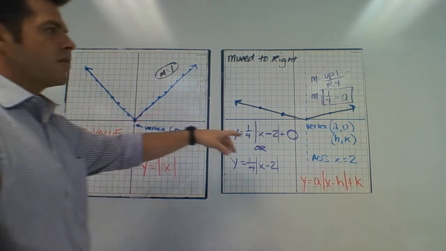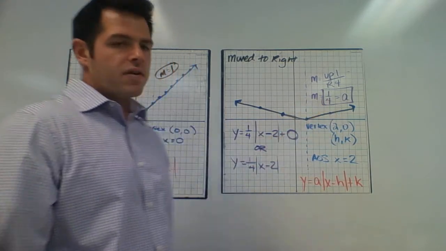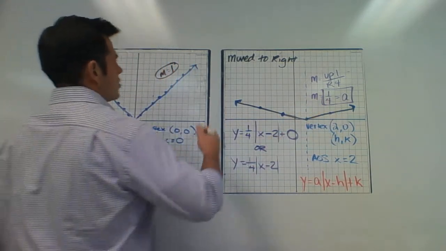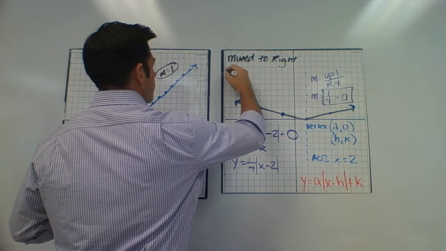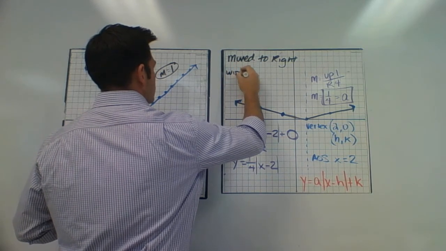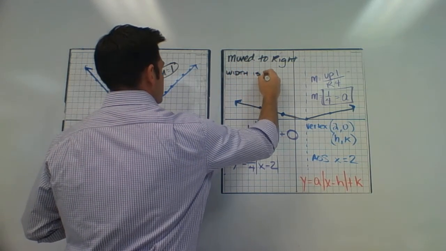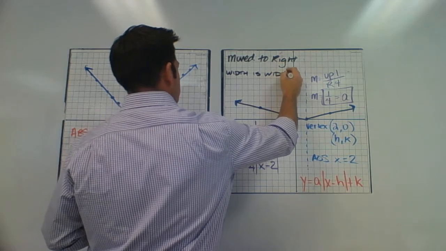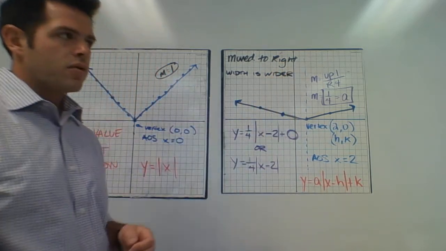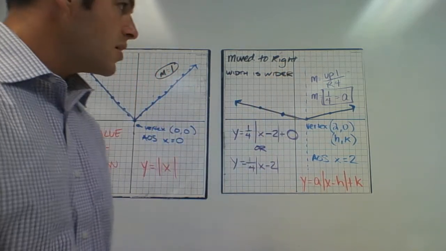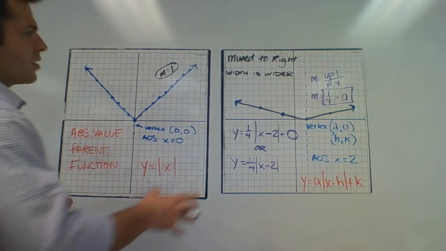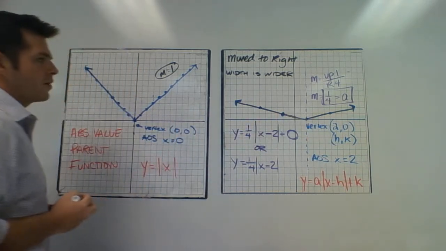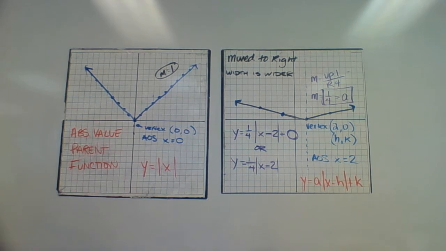Our a value over here is 1/4, and it made our V wider. So I do want to mention that the width here is wider. I believe in the last video I said the one was skinnier. I think I also spelled the word skinnier wrong, but here it's definitely wider compared to our parent function.